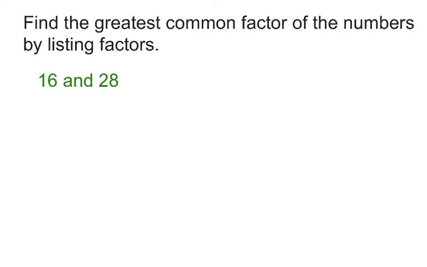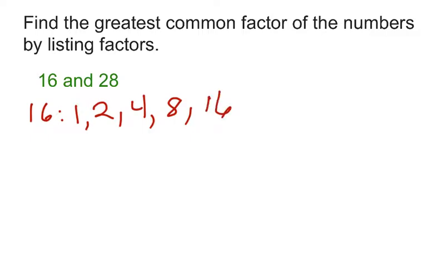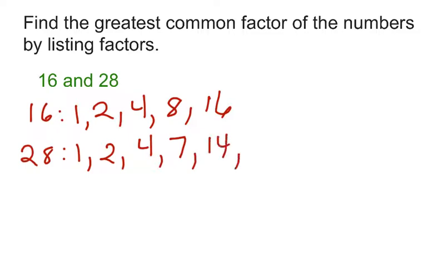Well, if you took good notes, you should already know the factors of 16 and 28. So let's first list the factors of 16 once again. We have 1, 2, 4, 8, and 16. And then we have our factors of 28. We have 1, 2, 4, 7, 14, and 28.